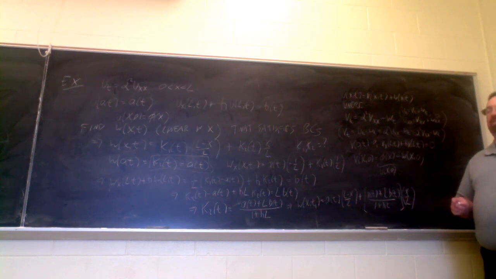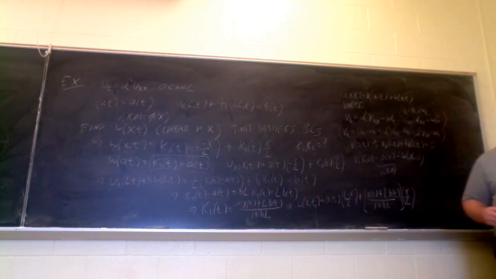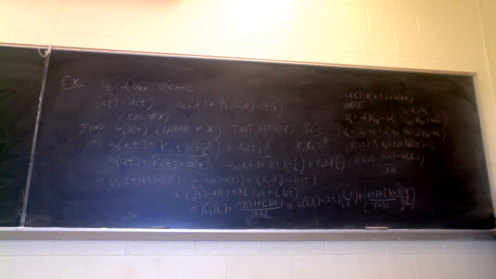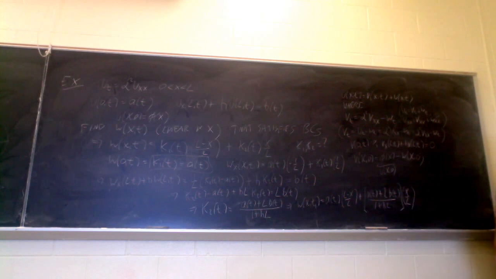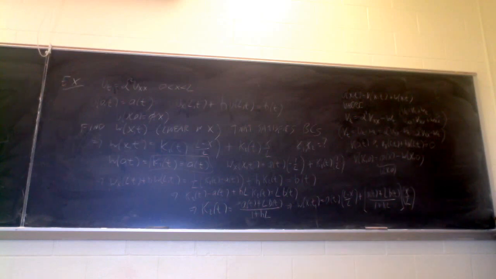So the boundary conditions cancel out. That's the whole principle. So our final answer, we would write u of x,t equals, for w, we plug in that down here, plus what you get from solving that equation for v. This is a problem we know how to do. You plug in what you get for v, and that's your final answer.